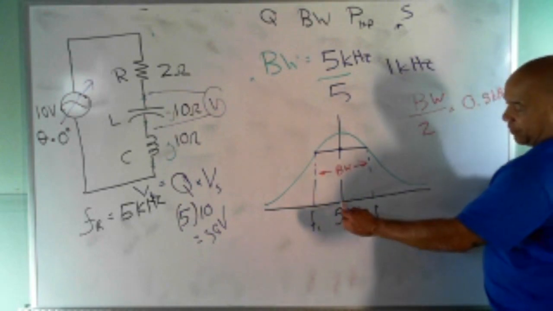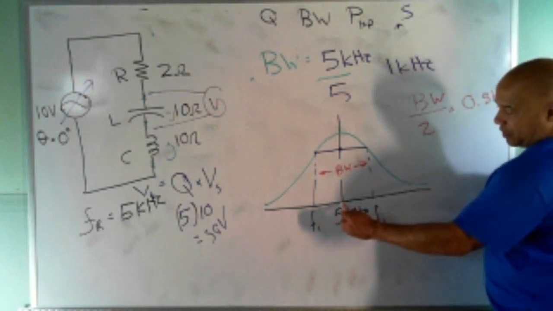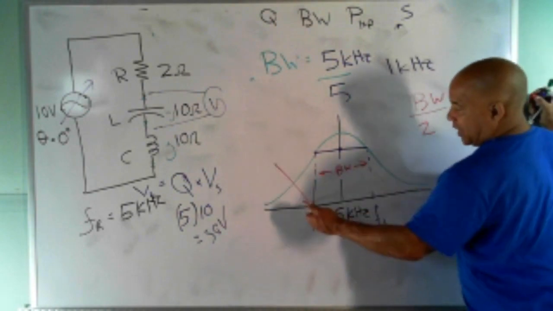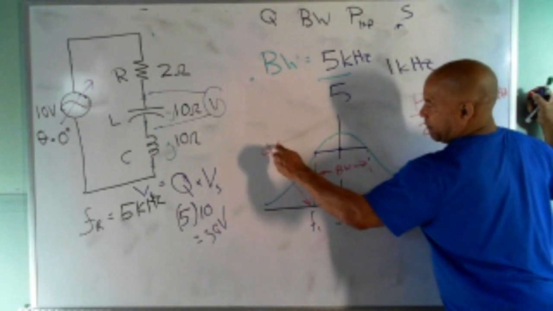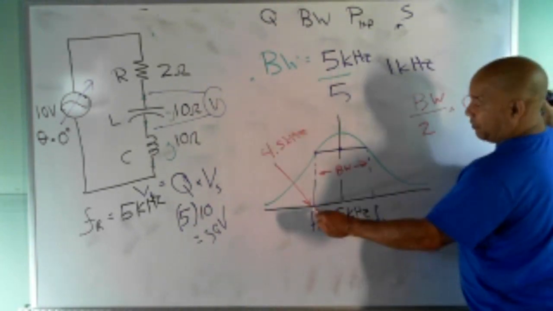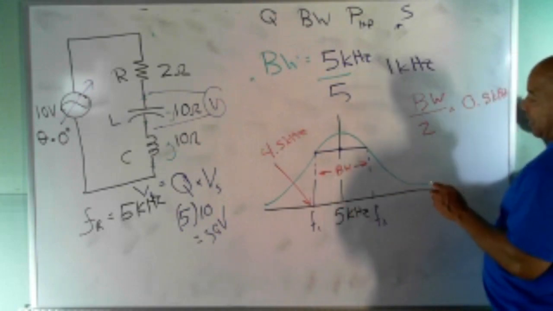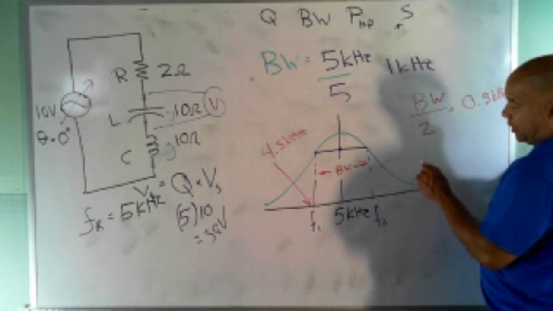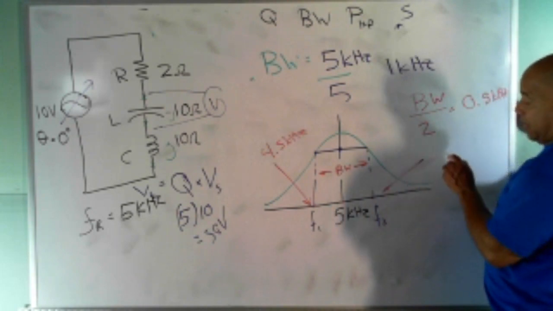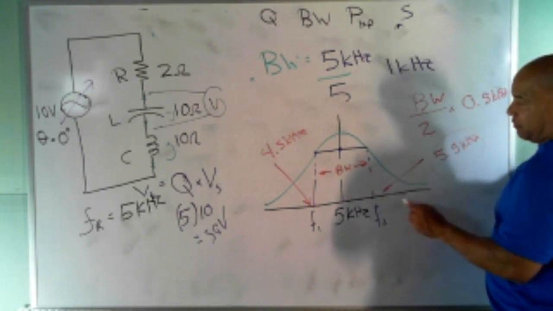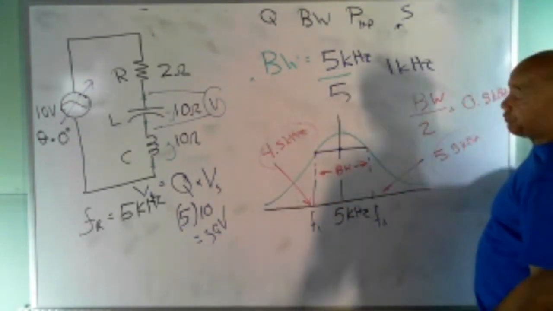So if I take 5 kilohertz and subtract 0.5 kilohertz from it, over on this side, I get 4.5 kilohertz. And if I add 0.5 to it, this frequency right here would be 5.5 kilohertz. So that right there is F2, and this will be F1.